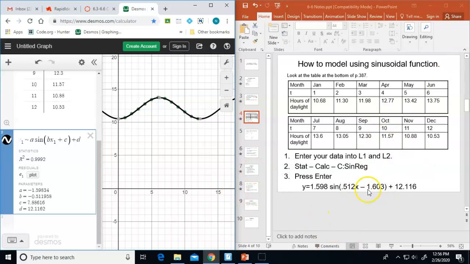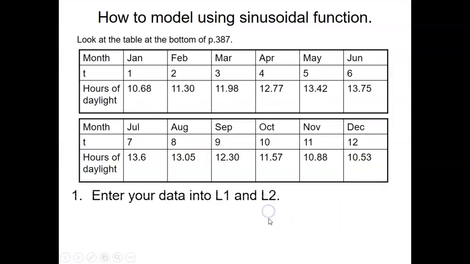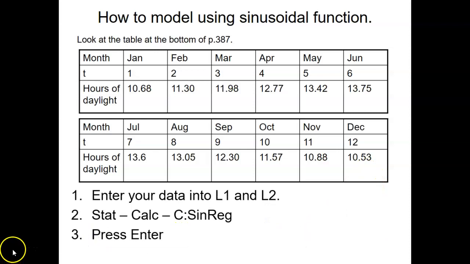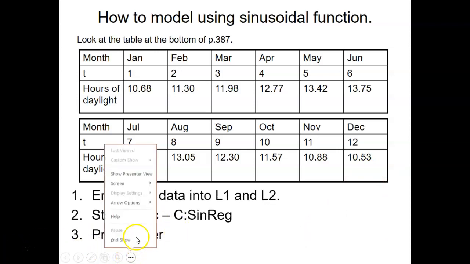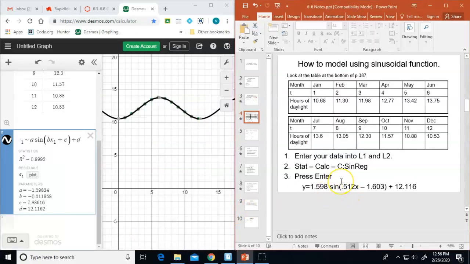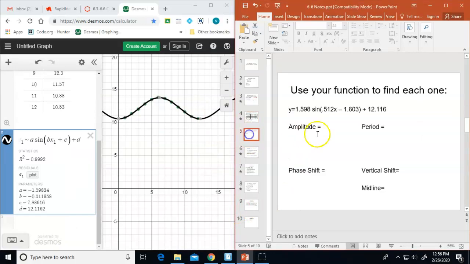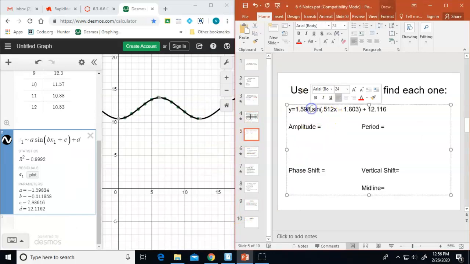Now, it's a little bit different than what we've got here, so let me do that. Oh, I can't look at both of these at the same time. Hold on. All right, so I'm just going to change this right here. You might want to change yours as well on the next page to be the function that we got here.